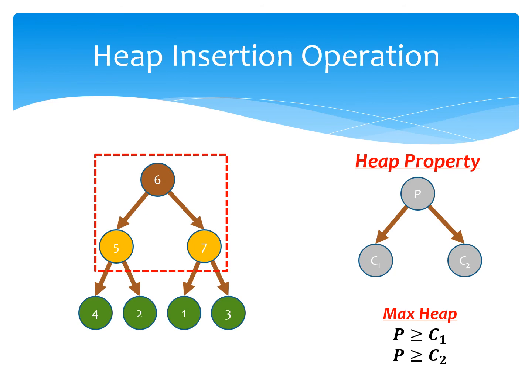For this reason, we swap node 7 with its parent node 6, so that nodes in the red rectangle satisfy the heap property. To this end, the new node with the largest value 7 has reached the root node in the heap tree. Thus, we can stop the heapify process.